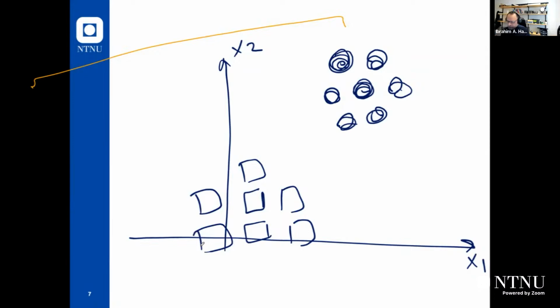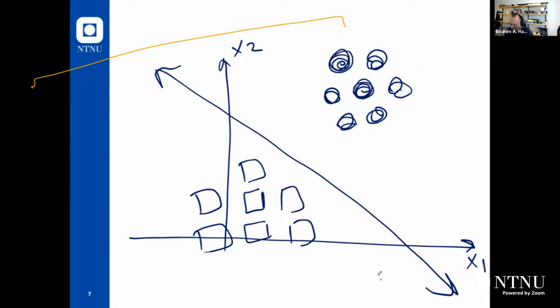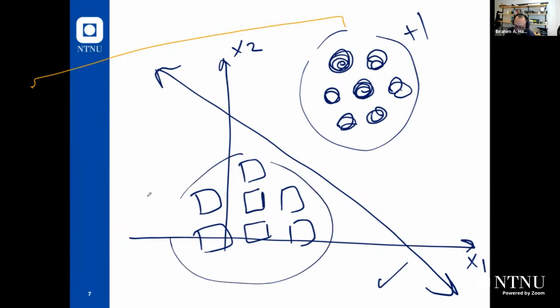Can you propose a line for classifying it? My model should generate a decision line. So my decision line will be this one in the middle, right? This is a very good line. All data points located above the line will be classified into +1, for example, and all data points below the line will be classified into -1.